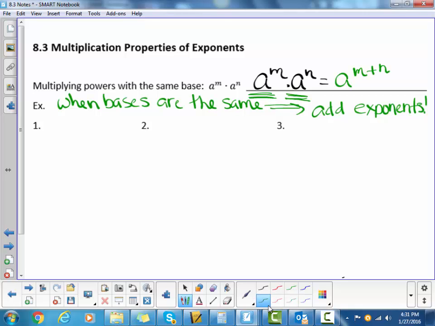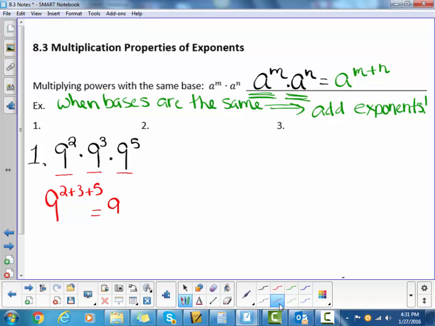All right, let's do a couple of examples. Number 1, 9 squared multiplied by 9 cubed multiplied by 9 to the 5th. You'll see that those all have a base of 9. So using the rule, because the bases are the same, I can rewrite it as 9 to the power of 2 plus 3 plus 5, which equals 9 to the power of 10.